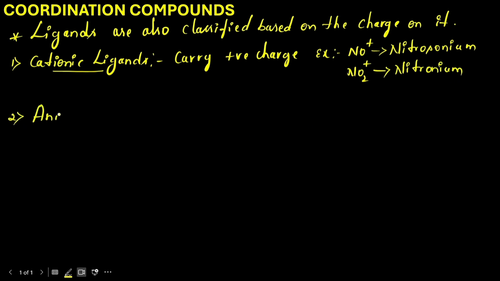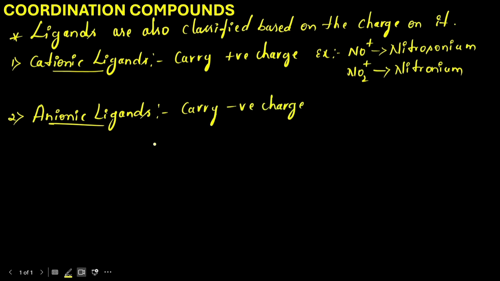Anionic ligands. These are the ligands which carry a negative charge, and the names of anionic ligands should end with O. For example, consider Cl minus.